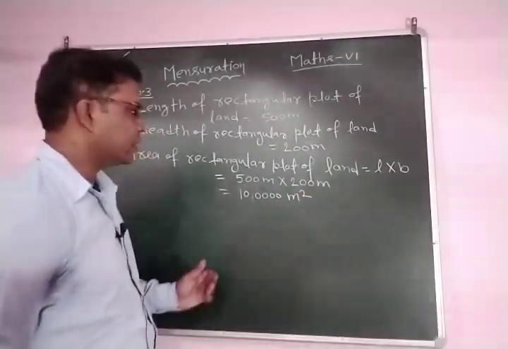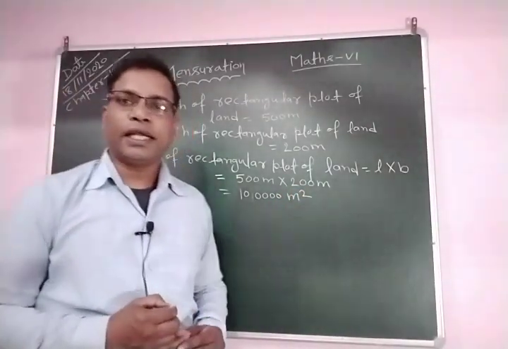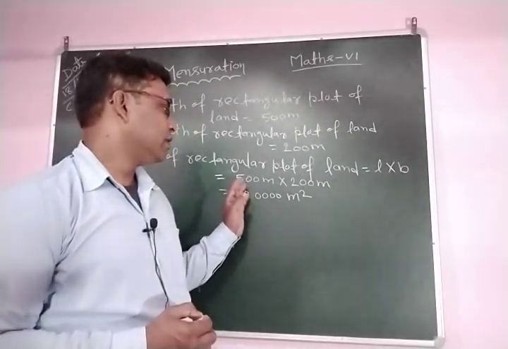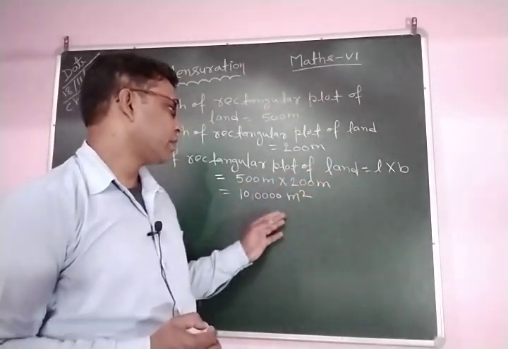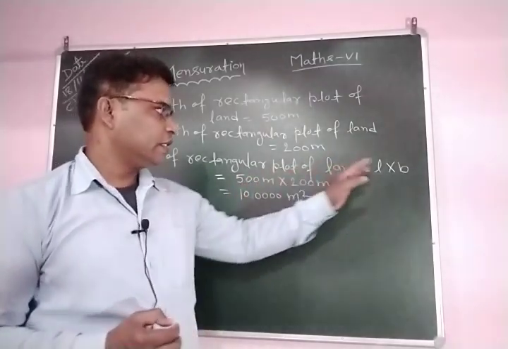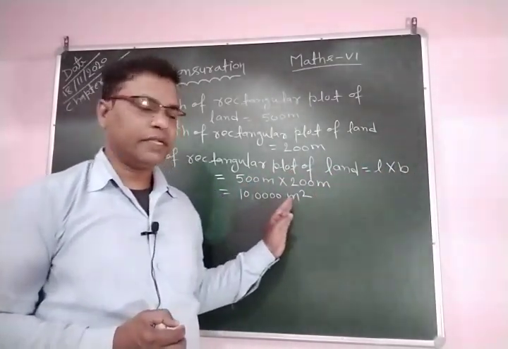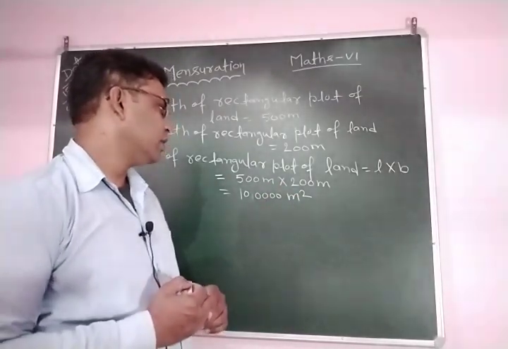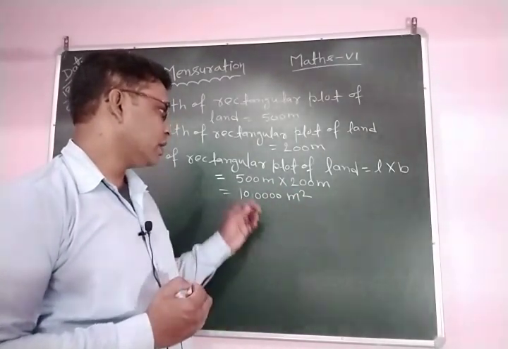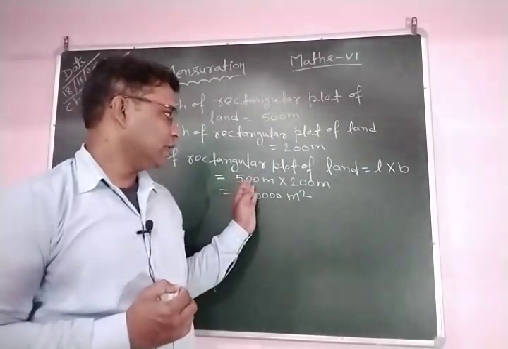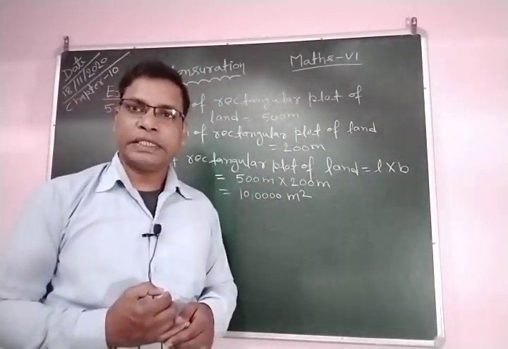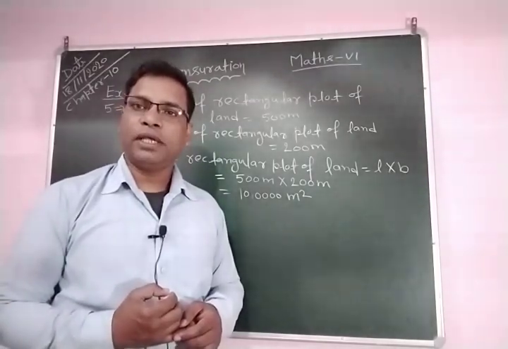So the area of the rectangular plot of land is length into breadth. Length is 500 meters and breadth is 200 meters. If we multiply 500 into 200, then we have 1 lakh meter square. This is the area of the rectangular plot of land.